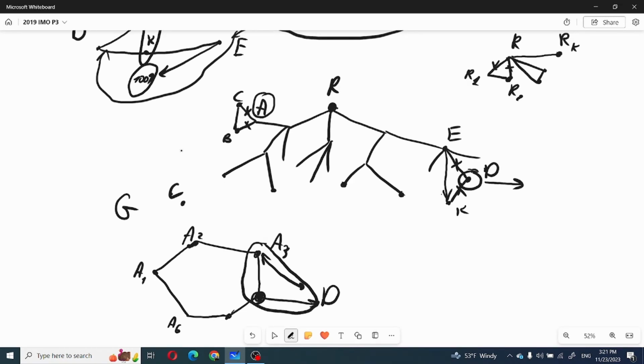Our new graph will be also connected, and our cycle has been cut off, so we will not have any new cycle. We will do the same operation for the bigger cycle, and so on until we cut off all cycles.